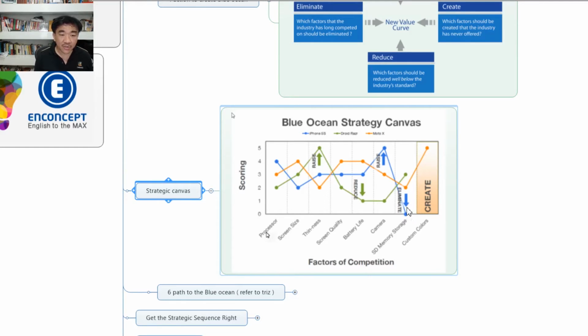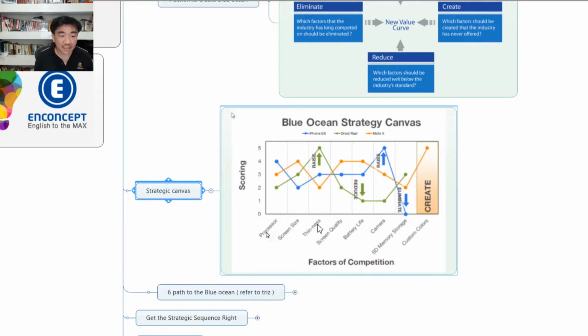When you eliminate this, it creates higher quality internal storage, and you have no risk of losing the data. This is one of the offerings, but it has a trade-off.